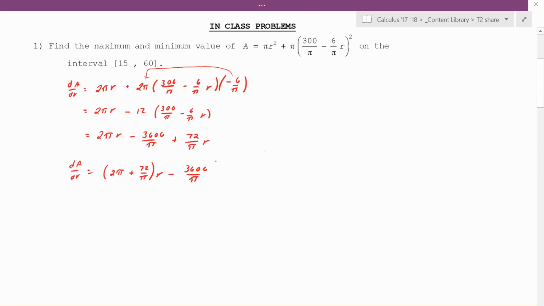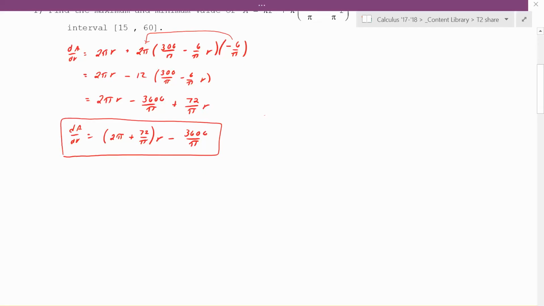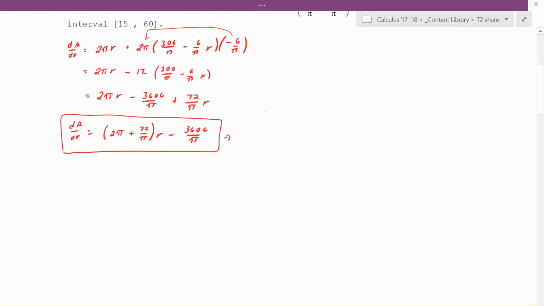And the only reason I did that was to observe that this is a linear equation, y equals mx plus b. I'm going to set that equal to 0. So I have 0 equals this 2 pi plus 72 over pi r minus 3600 over pi.